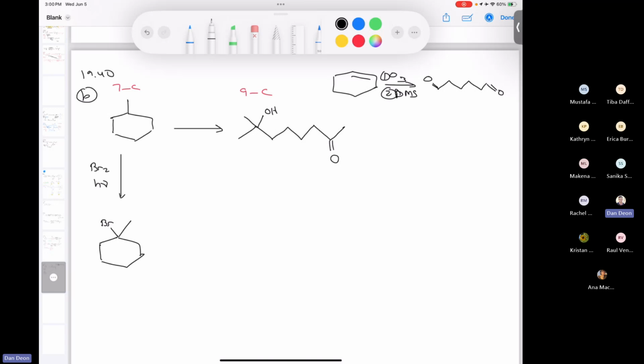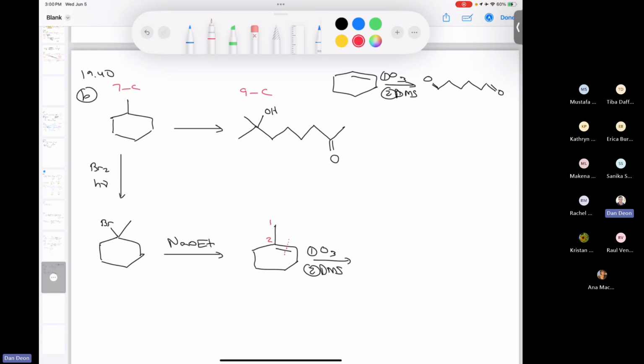But if we could make this compound again, which we can, the same compound we did in the last problem, if we busted that open with ozone and DMS, what's it going to look like? Well, we're going to break the bond right here. So let's count.